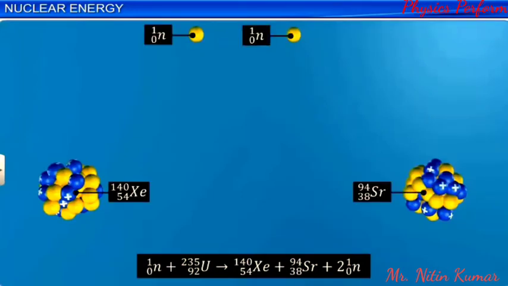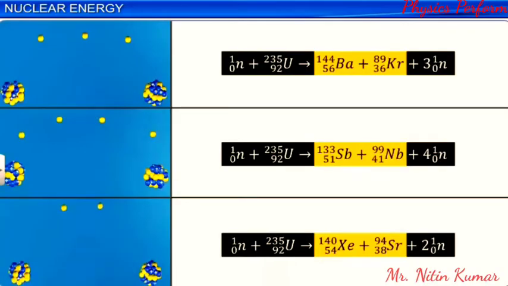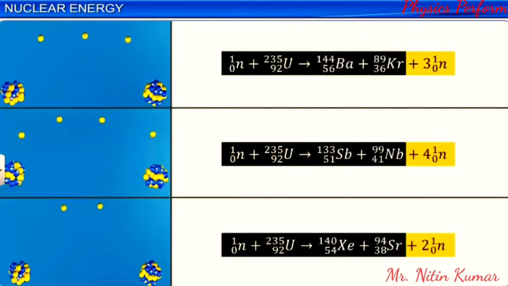Thus, we see that nuclear fission involves the release of neutrons along with other products which may vary. We also see that the number of neutrons released also varies depending on the other products of fission being released.